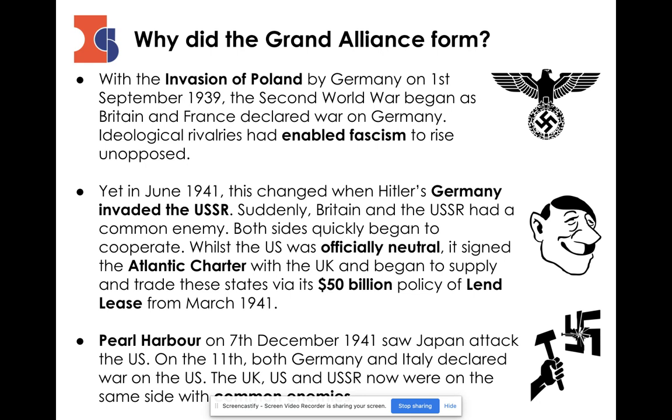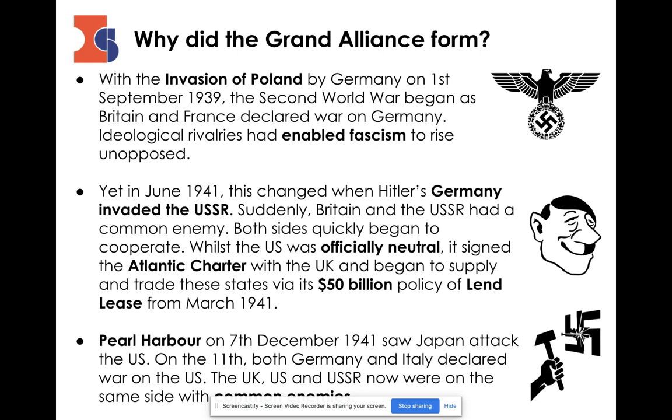And the US began to supply both Soviet Russia and the UK with money. $50 billion was sent to both nations with its Lend-Lease policy. So the USA was really helping these allies, Britain and the USSR. But they weren't official allies.